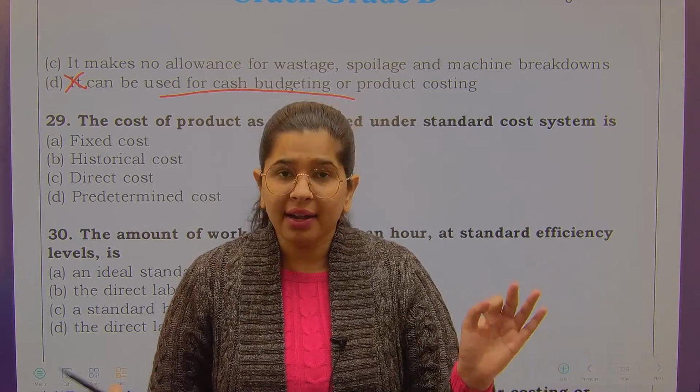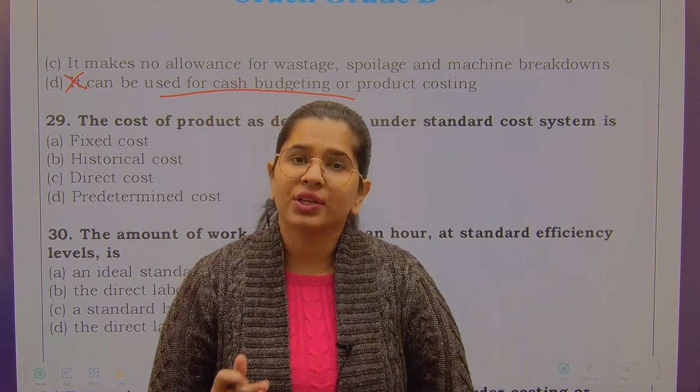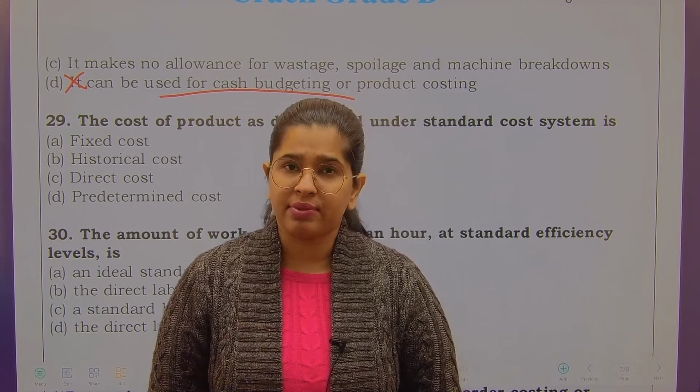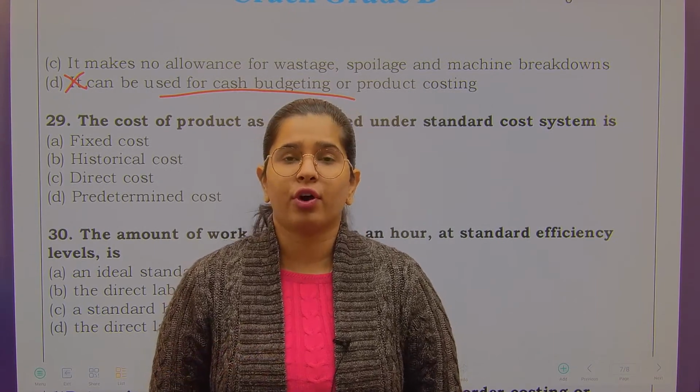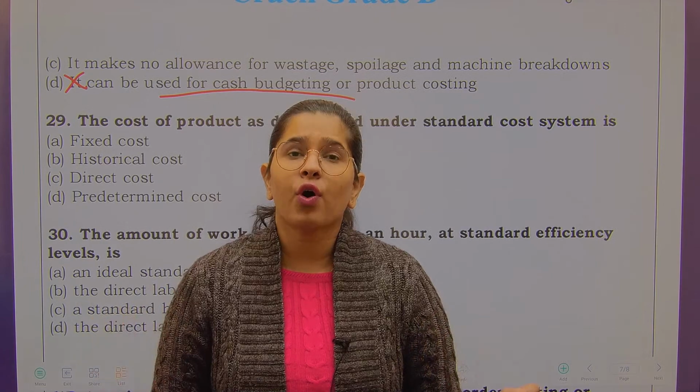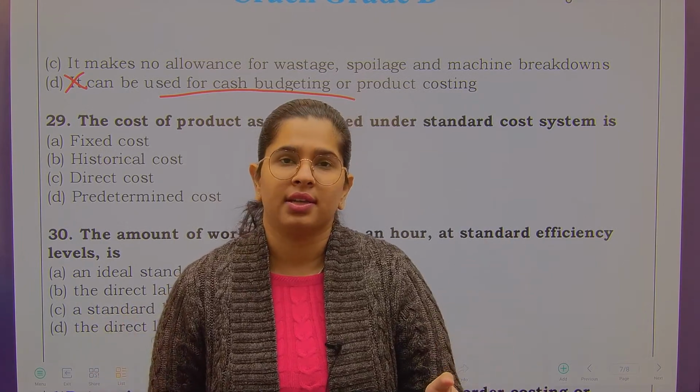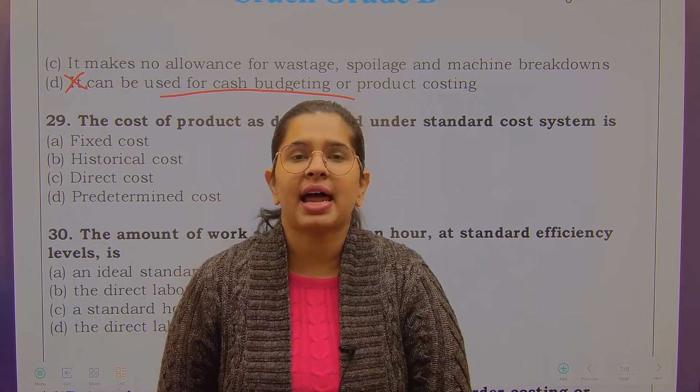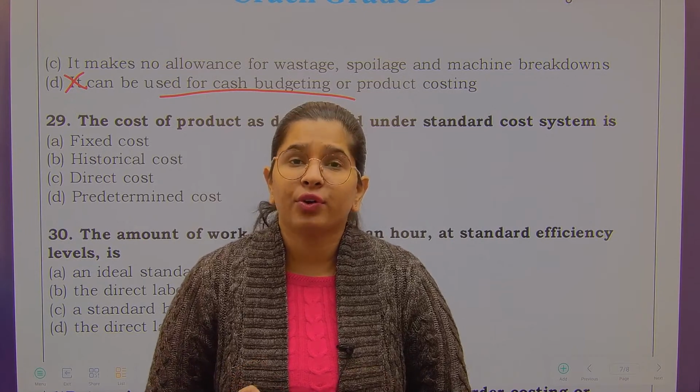But in reality, labor are doing strikes, labor are being absent, machine is going for a breakdown, and because of all these, the actual cost at attainable standards comes at 11 rupees.